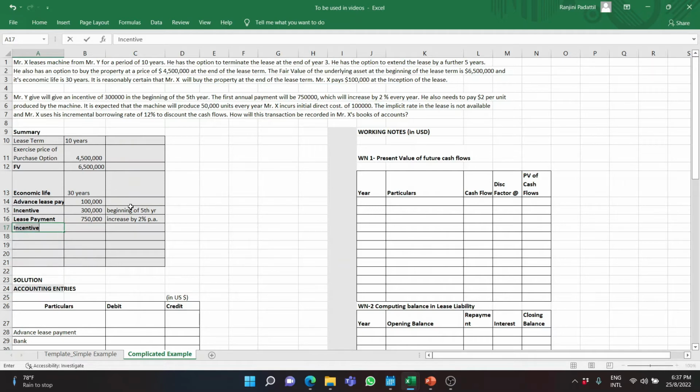Now there is an initial direct cost of $100,000. The implicit rate is not available and the incremental rate is 12%. Alright, so now we have all the important information. Let's go on to the solution.